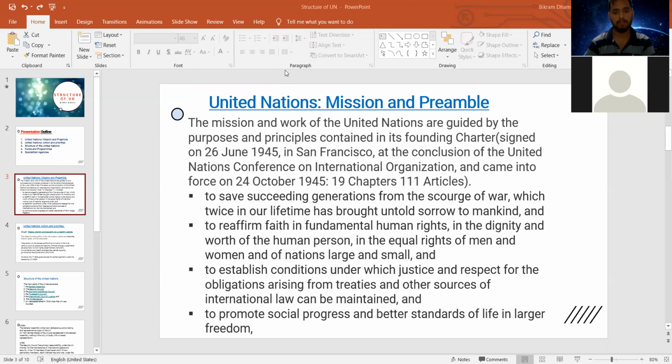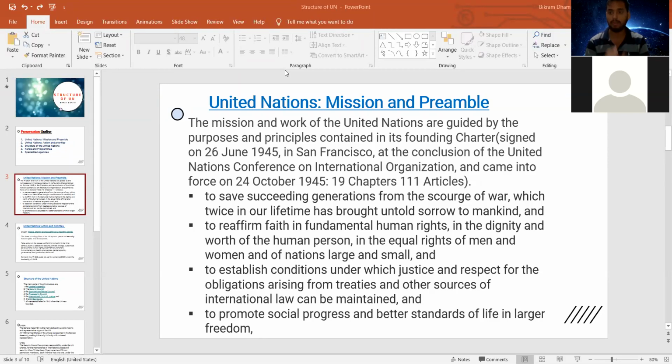The third mission of the United Nations according to the UN Charter Preamble is to establish conditions under which justice and respect for the obligations arising from treaties and other sources of international law can be maintained.